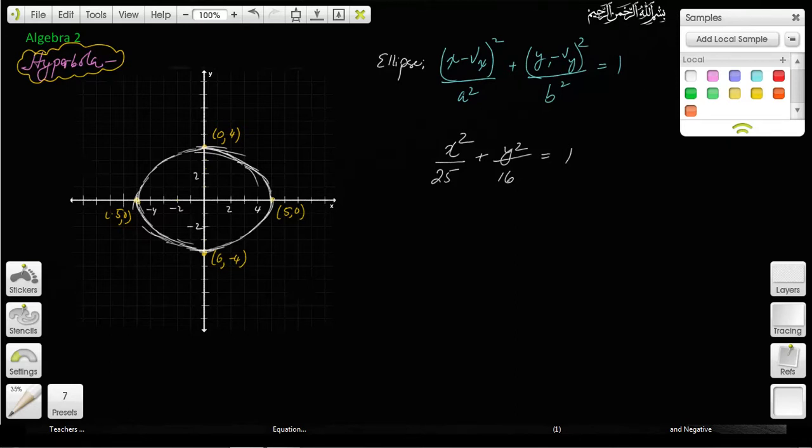Now, if I were to graph the following equation, x squared over 25 minus y squared over 16 equals 1, the only difference being the negative sign, that would give me a hyperbola. So the difference between an equation of an ellipse and a hyperbola is very small, but it makes a very big difference. Now observe.